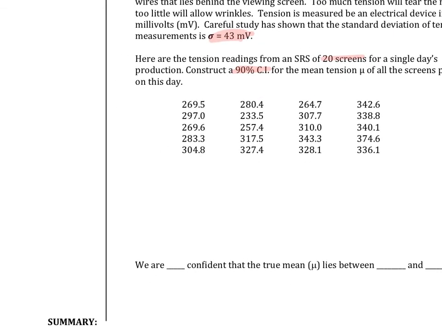So what we know is standard deviation is 43. We know that n equals 20 because it says 20 screens. Okay. X bar is going to be equal to what you get when you add all these up. So if you add all these numbers up, 269.5 plus 280.4 plus 264.7 plus 342.6.